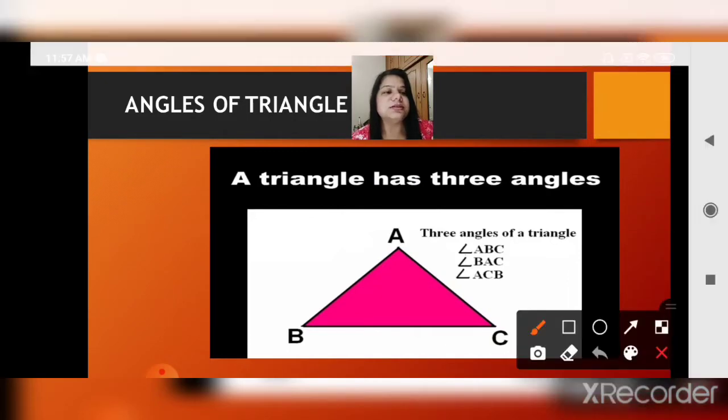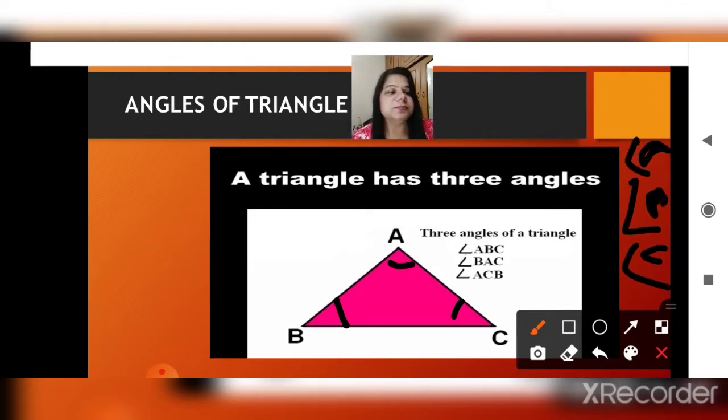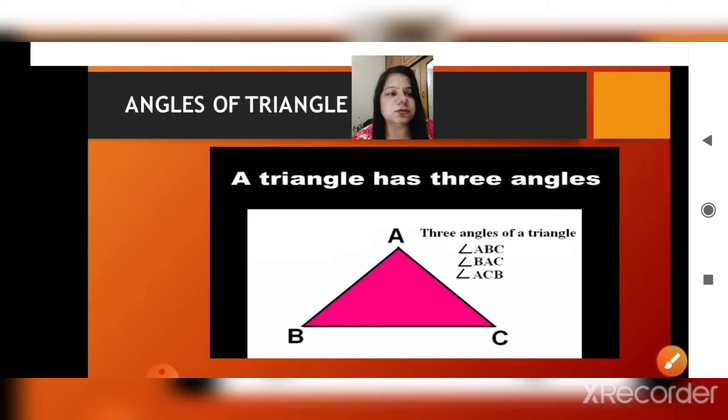What are the three angles of the triangle? You can mark it: angle A, angle B, and angle C. We can write it like this also only: angle A, and then angle B, and angle C. But here I have written the full name of the angles, angle ABC.